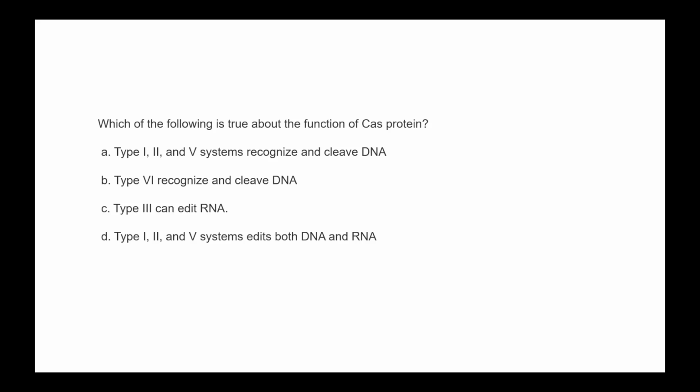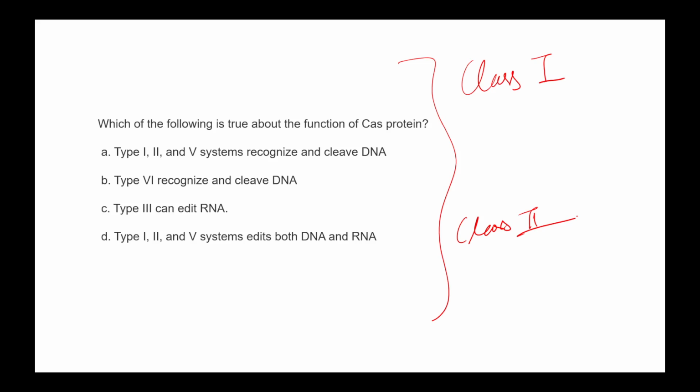So this particular Cas protein, I have told you, has been divided into two classes, class 1 and class 2. Class 1 has three types, type 1, 3, and 4.